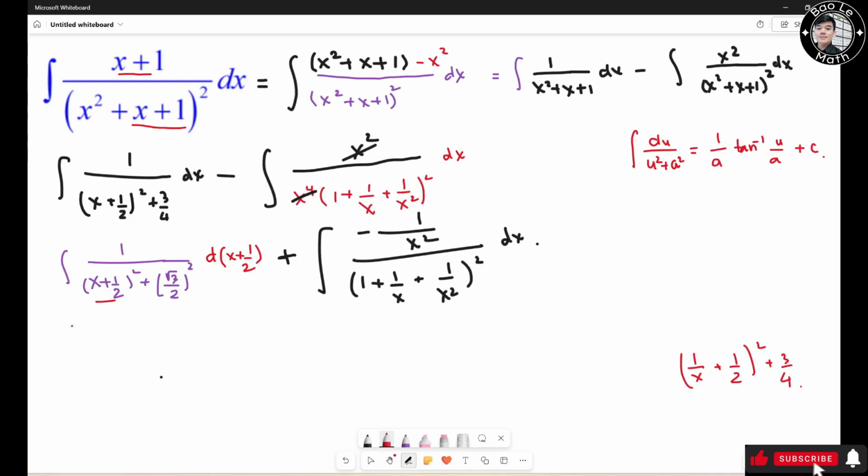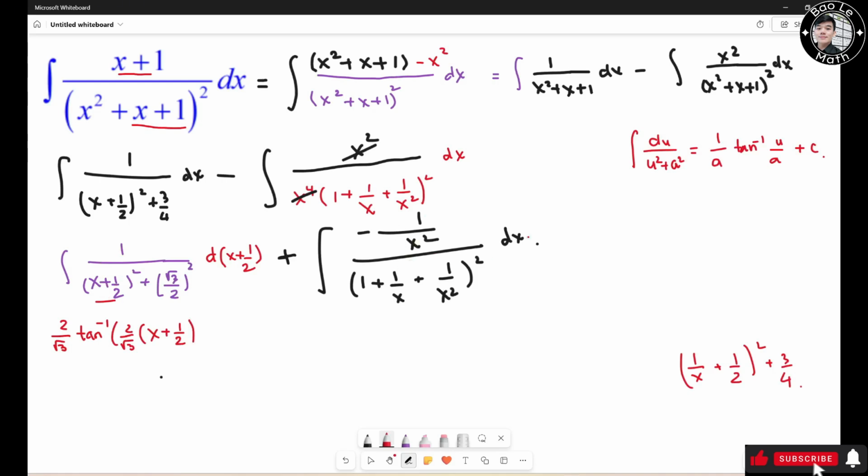So it turns out to be 2/√3 times arctangent of (2/√3)(s + 1/2). So we finished the first one.